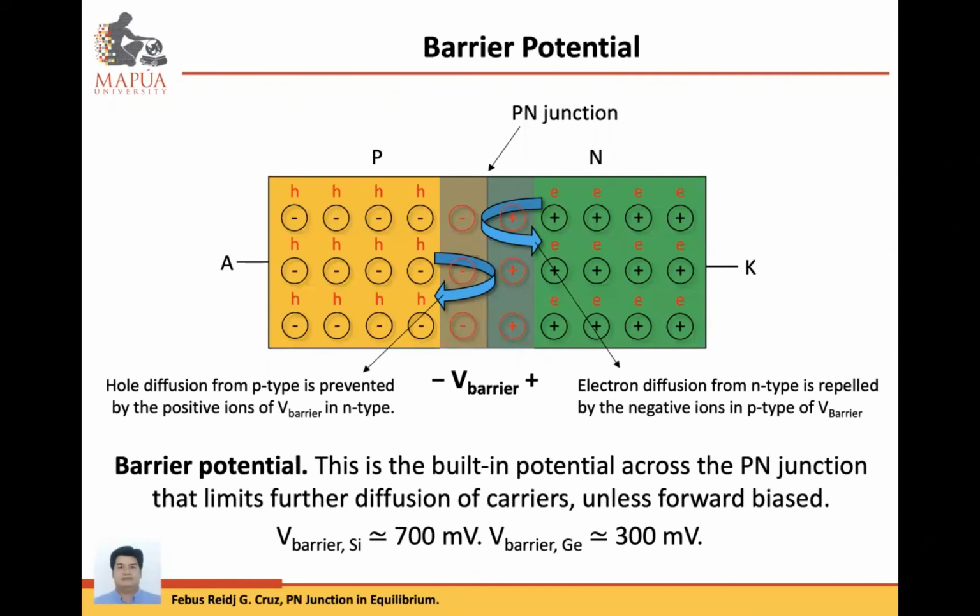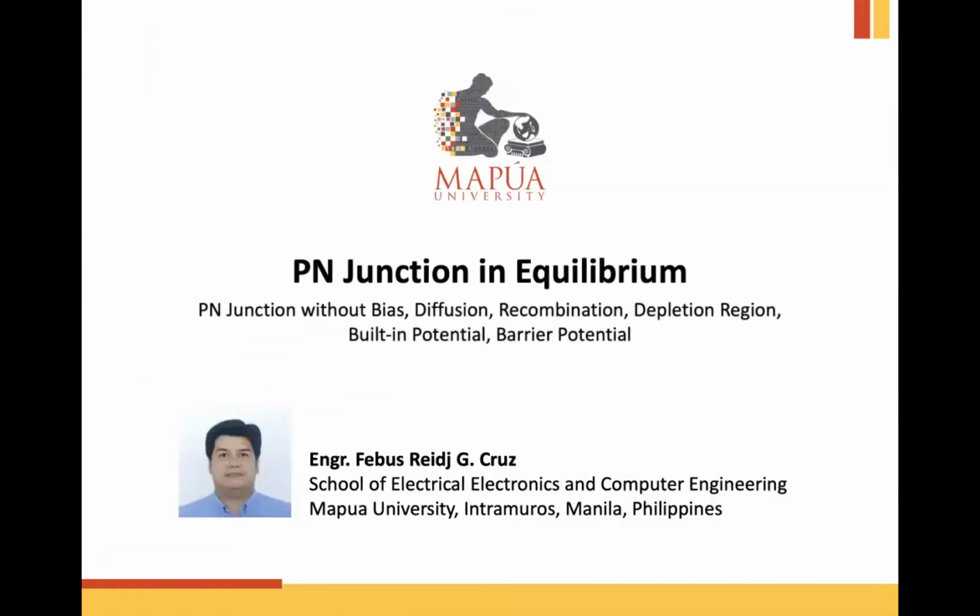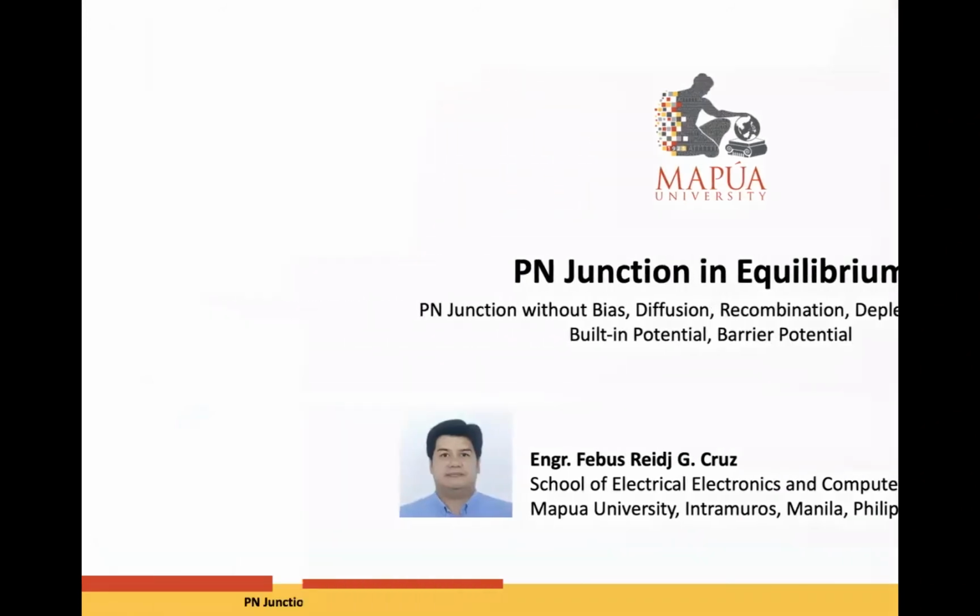Okay? While for germanium semiconductors, the barrier potential is within the range or close to 300 millivolts. All right, so that ends our discussion on the PN junction in the equilibrium.